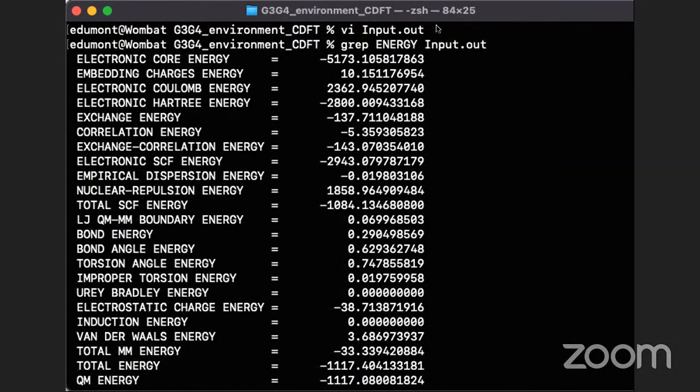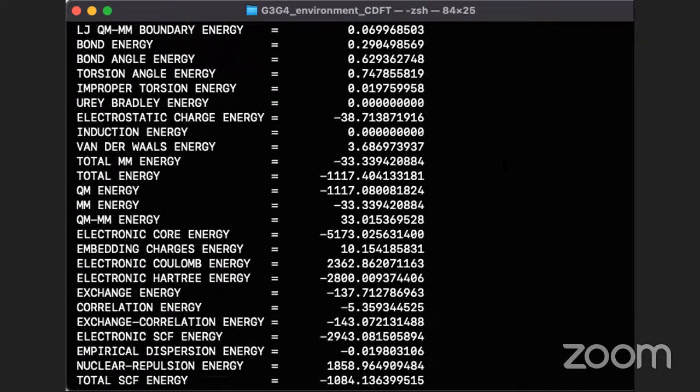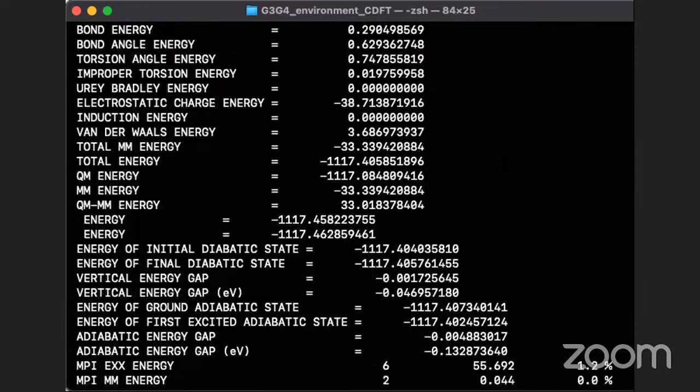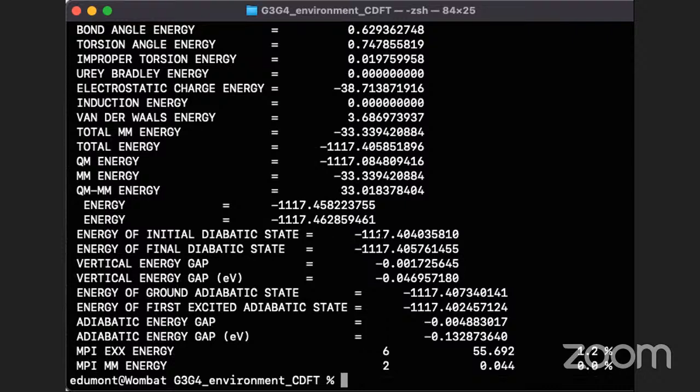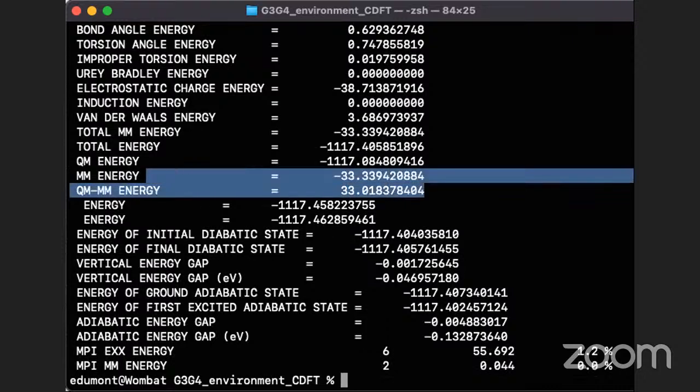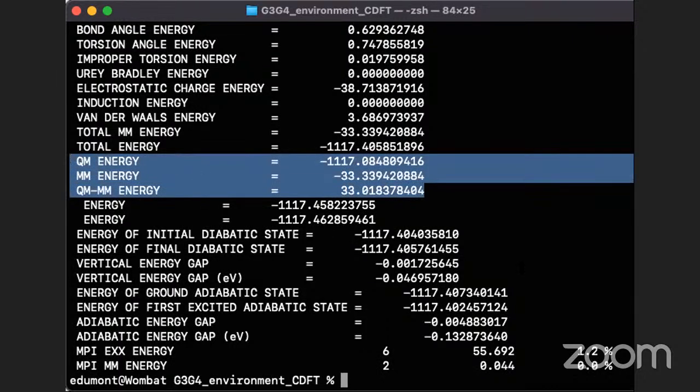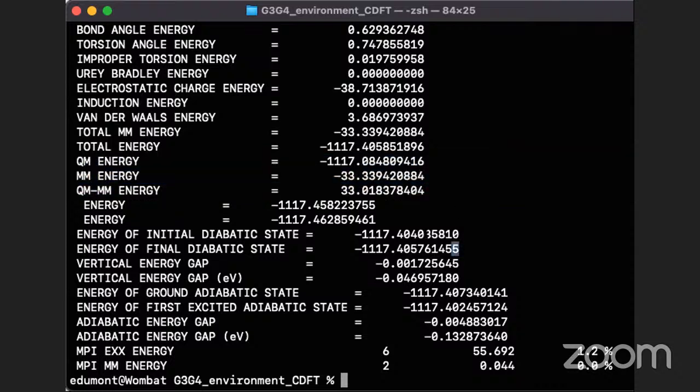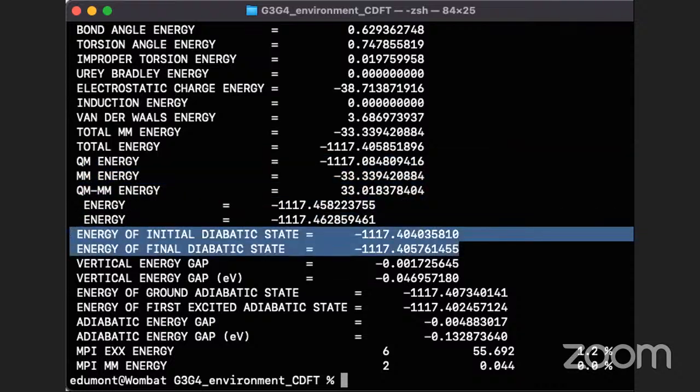If you grep energy for input.out, you will have all the ones coming in, and you could convince yourself whether it is an additive or subtractive calculation. We also have here the initial adiabatic, final adiabatic, and an idea of the vertical gap.